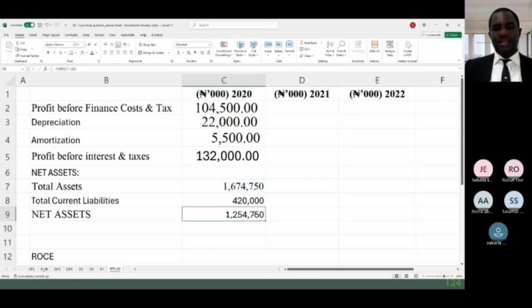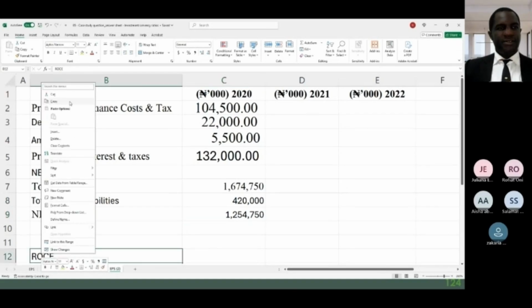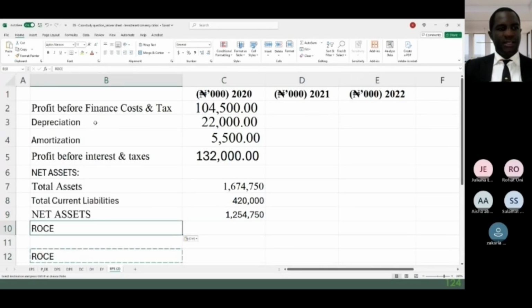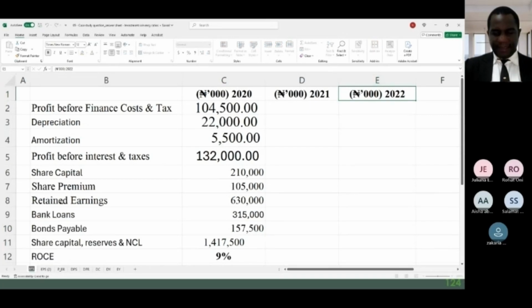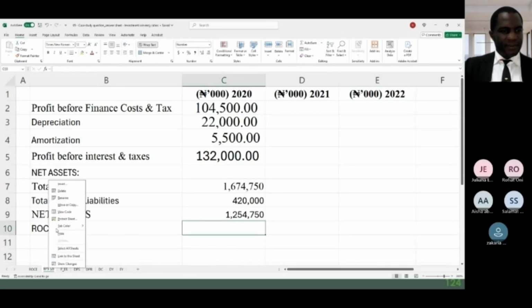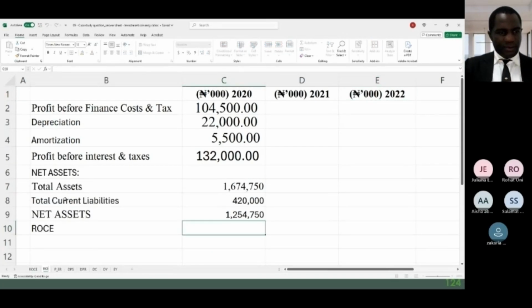We have it as 1,254,750,000. So let's calculate our return on capital employed since we have our net assets, and see if it's almost the same as what we calculated in the other rows.